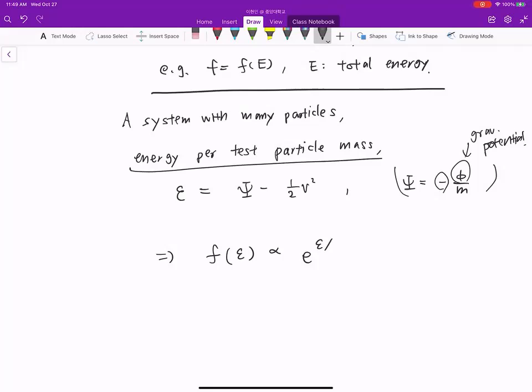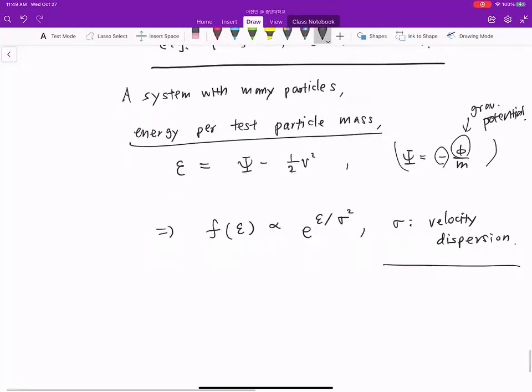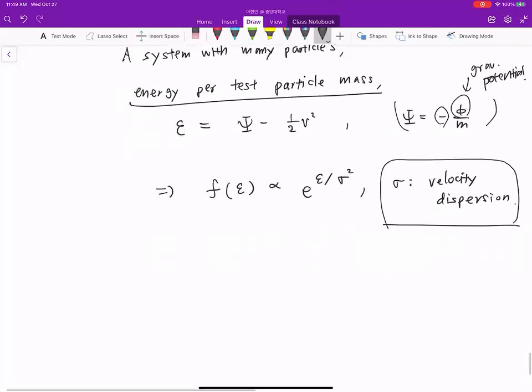In this form, it is exponential, e to the curl E divided by sigma squared, where sigma is the velocity dispersion. This velocity dispersion is not determined by theory. It must be determined by observation. So you can say this sigma is an arbitrary parameter in this case.